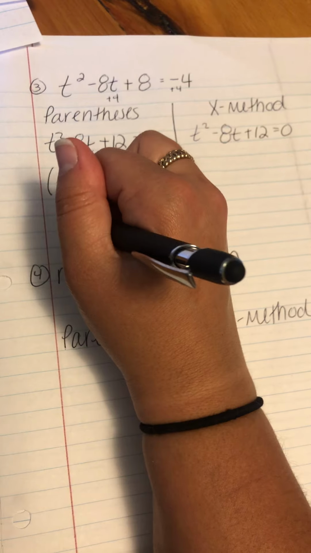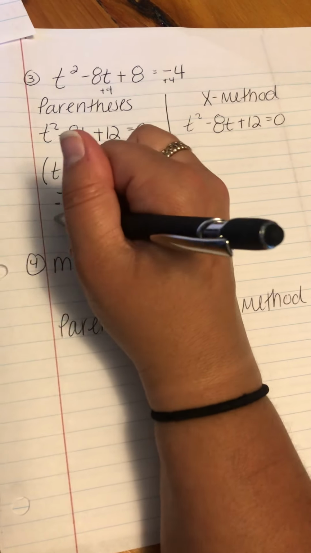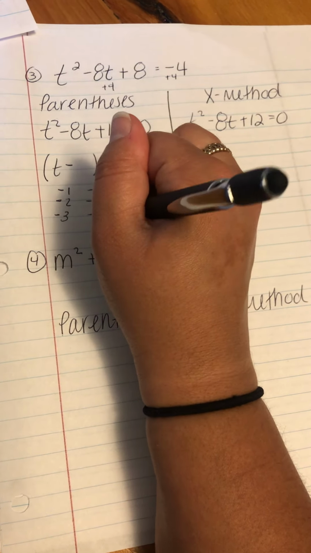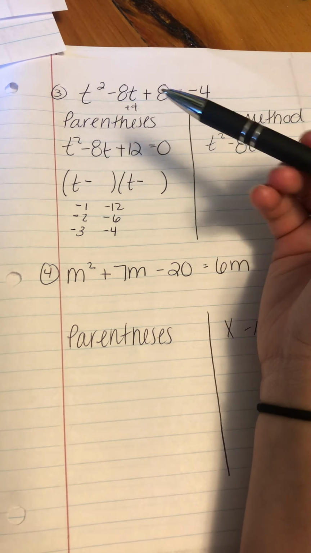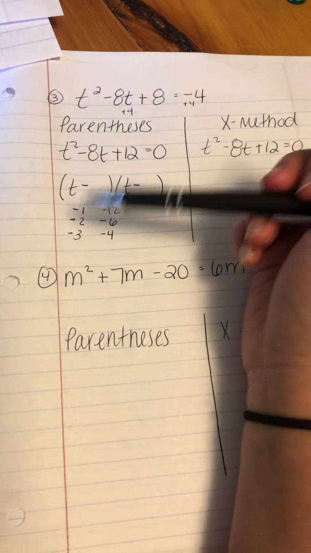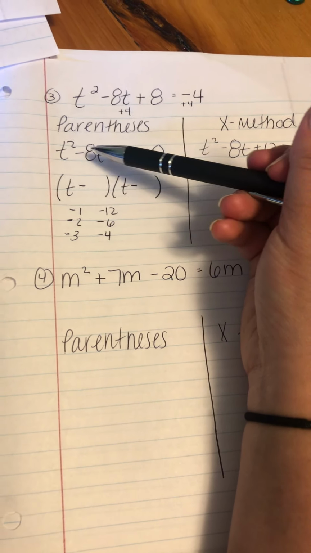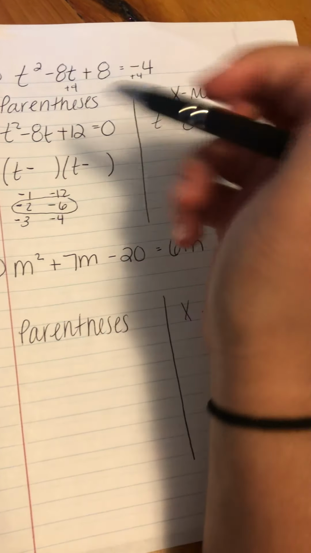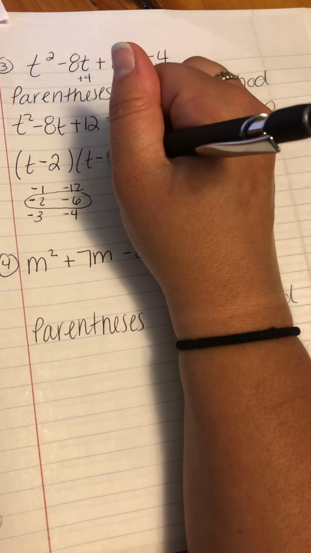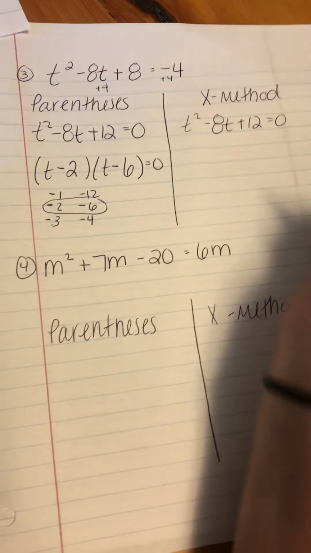I could do -2 and -6. I could do -3 and -4, and any version of the positives here as well. So from this list of factors here, I'm trying to find the pair that will add up to be -8. So it's going to be this middle pair here. So we would say t minus 2 times t minus 6 equals 0.